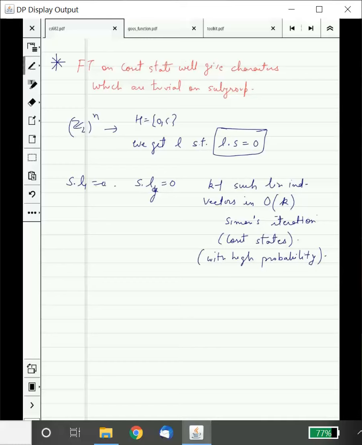Let's see why. Suppose at some instance I have these many linearly independent vectors L1 to Li. The space spanned by them will have 2 to the power i vectors. Remember, all this is happening in Z2 to the power n. On the other hand, the total number of L's is 2 to the power k minus 1.